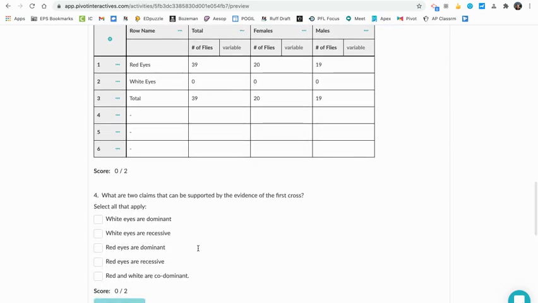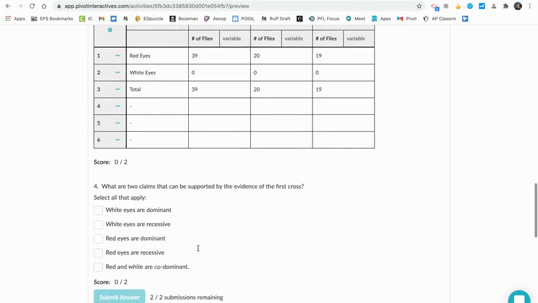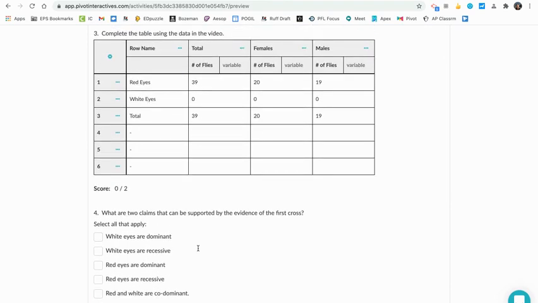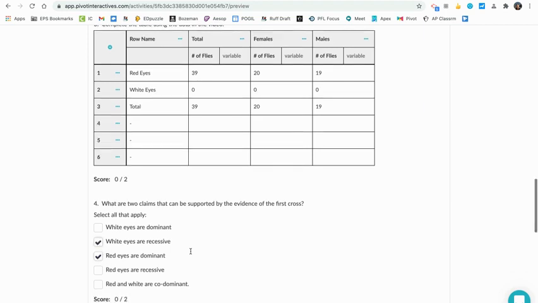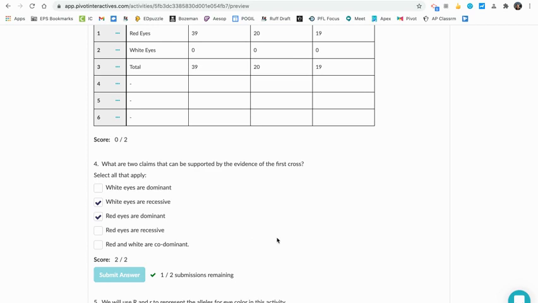Two claims that can be supported by the evidence in the first cross. So if we had a red-eyed female and a white-eyed male that we crossed, and all the babies are red, what could we say? What's dominant? Yes, red. And white's recessive. So check those two. Anybody have questions so far?